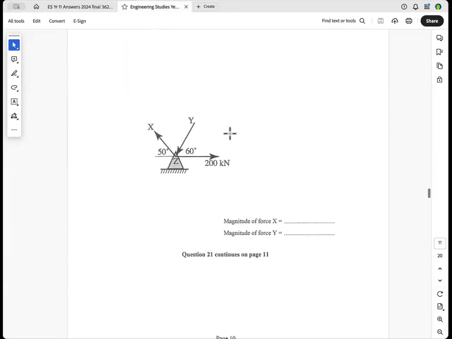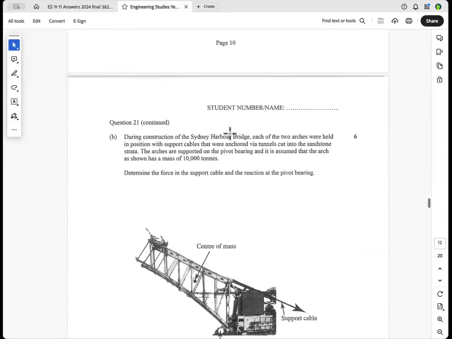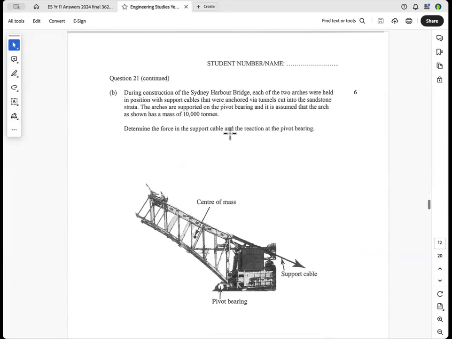Okay, the next question is, here's the Sydney Harbour Bridge. I took this shot from just below the Harbour Bridge from a photograph, and you should have a look and see how they actually built this.